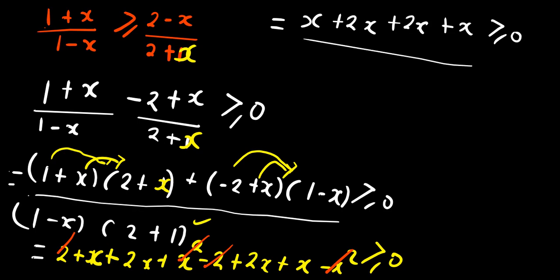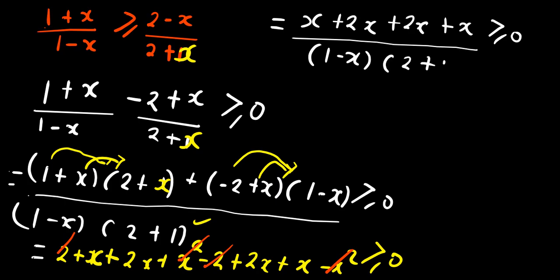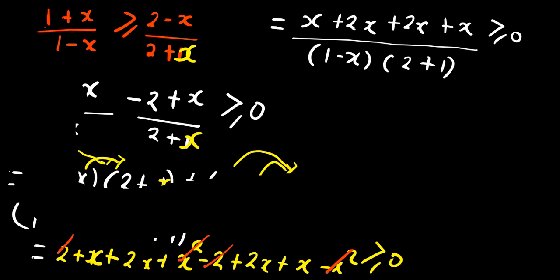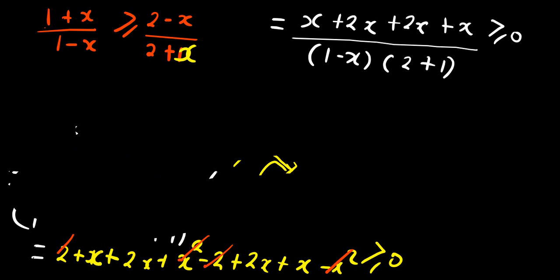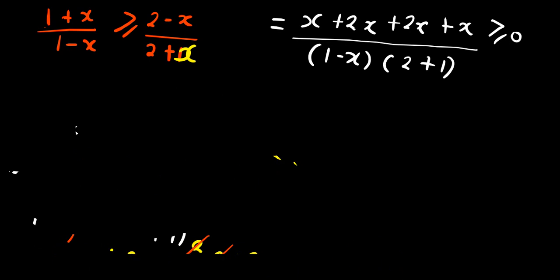Everything should be divided by 1 minus x times 2 plus x, like that. Just to make it nice. Hope you've noticed the change in the question. I think that's what will make it nice.